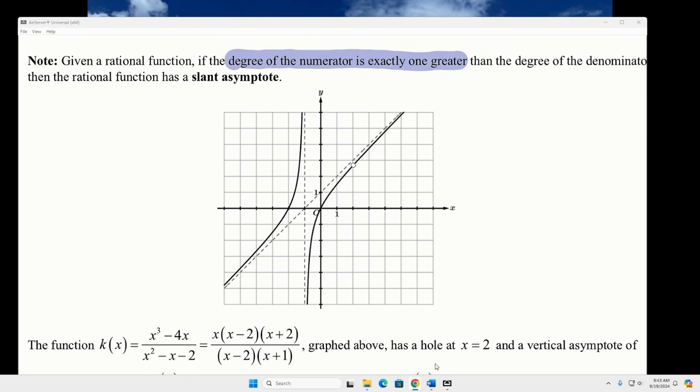Could you ever have a horizontal asymptote and a slant asymptote? No, because whenever the degree of the numerator is greater, there is no horizontal asymptote. So sometimes when there's no horizontal asymptote, there is a slant asymptote.